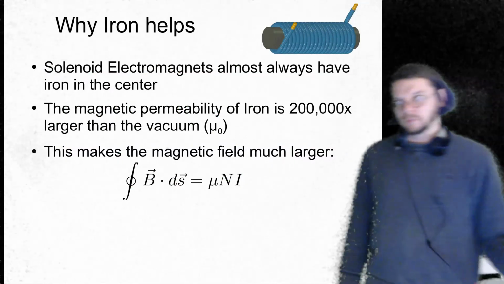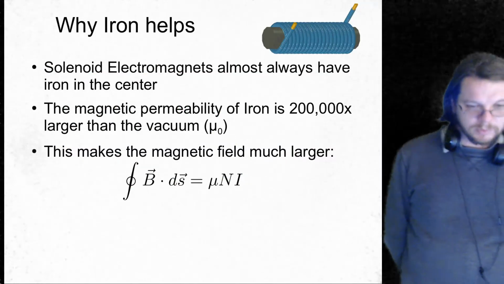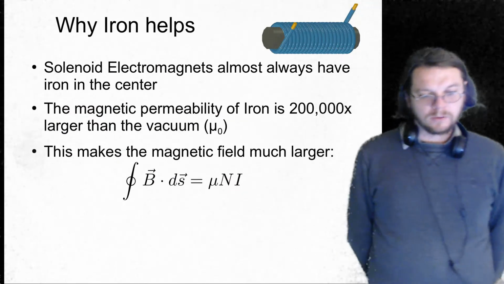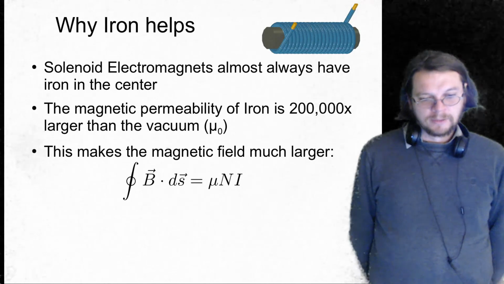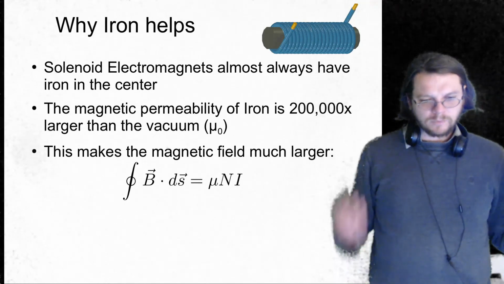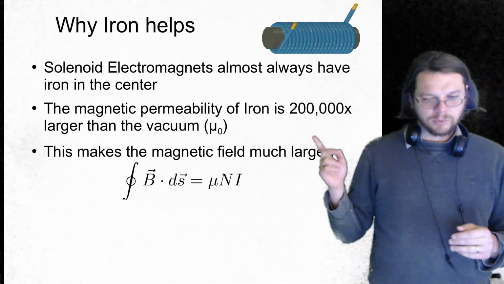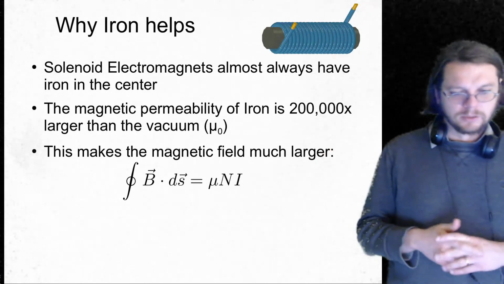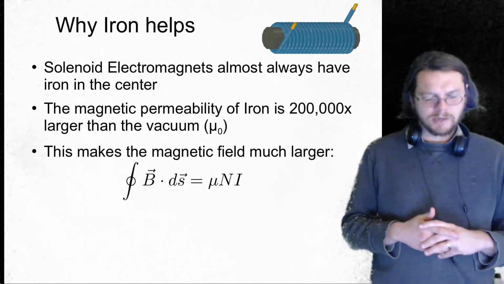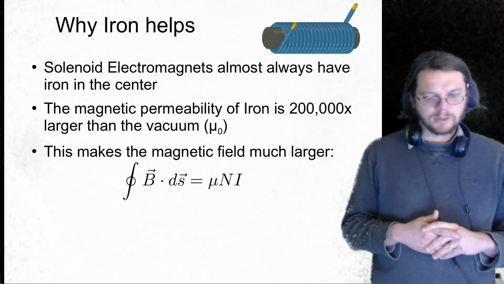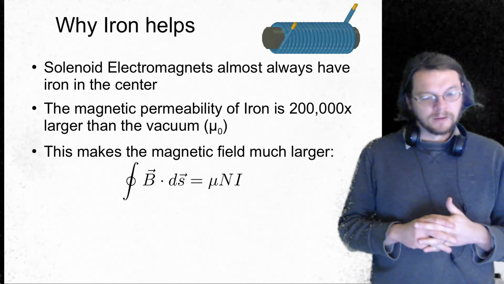So often in this context, you'll hear people talk about how it's important to put iron inside of these loops. The reason you want to do that is because iron has this special property in which its magnetic permeability is 200,000 times greater than just the vacuum or air.